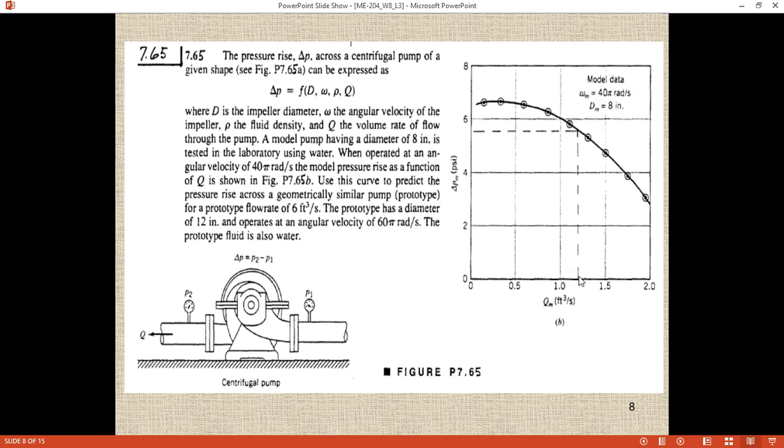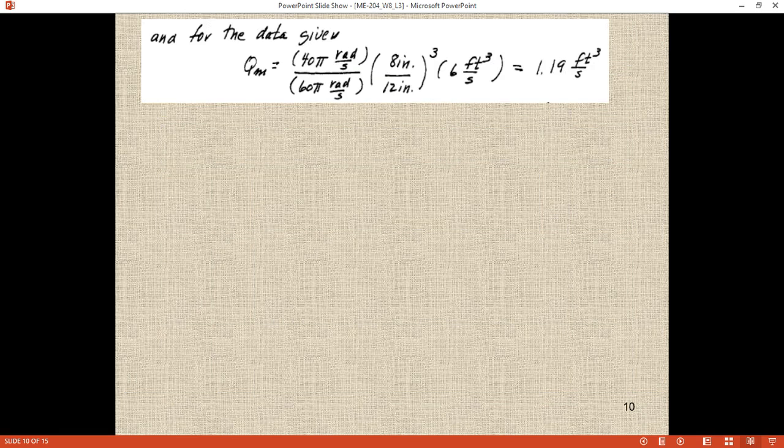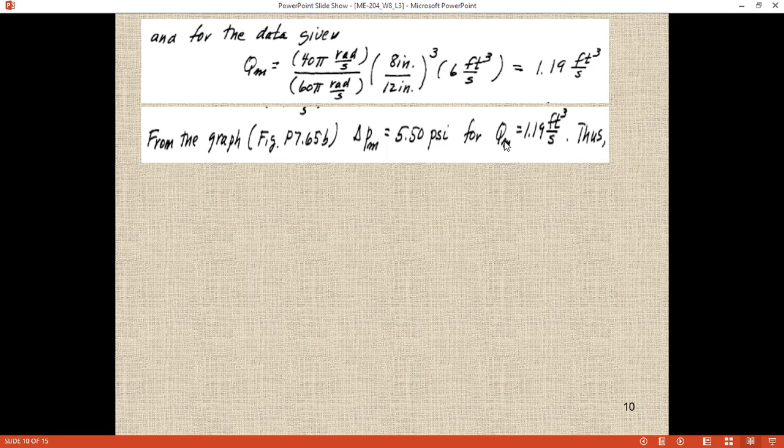So this is the line for 1.2. We go straight, hit the curve, and finally we get the pressure drop across this flow rate, which is somewhere around 5.5. This is exactly what is mentioned here, so from the graph we got this value.